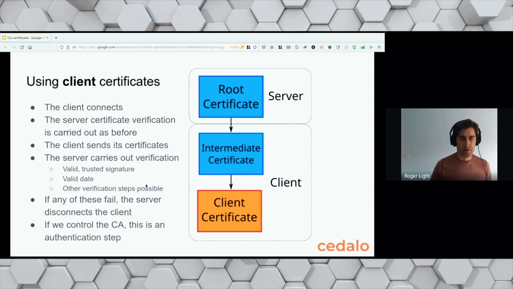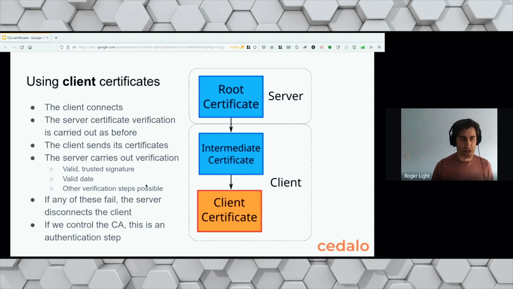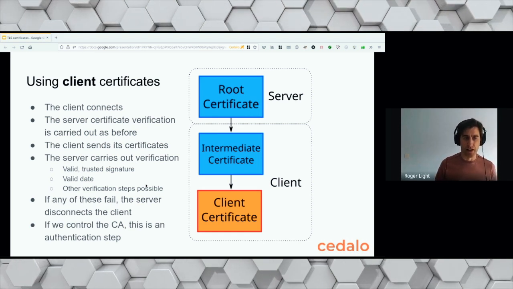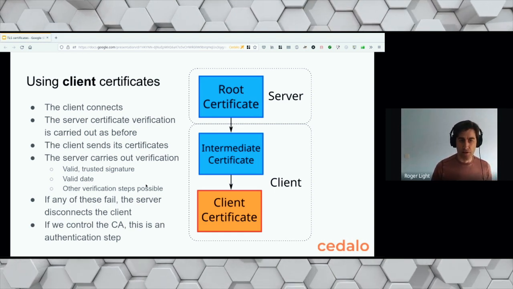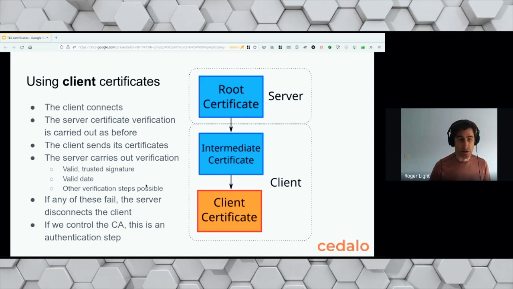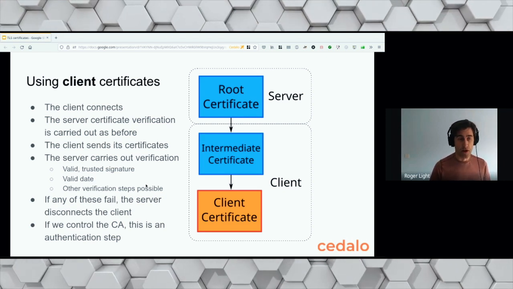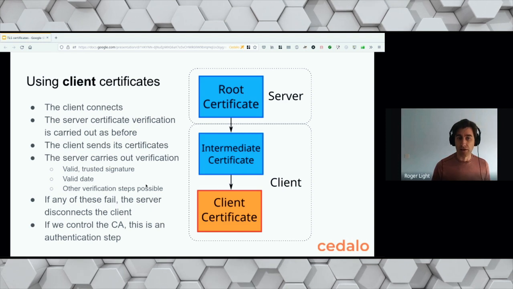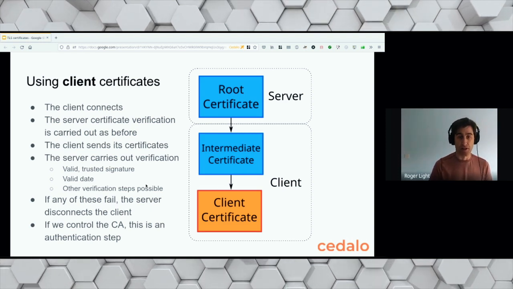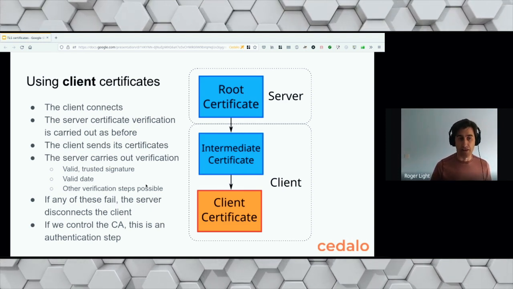So in terms of the connection process, we're going to connect just like before. The server certificate verification happens just as we did before, and then the client will send its certificates to the server, and then the server carries out the verification.